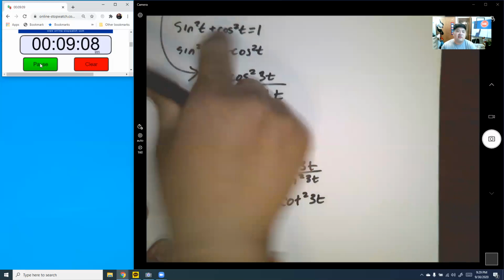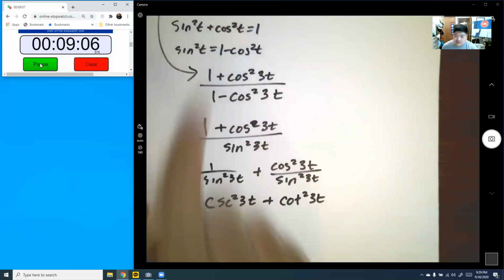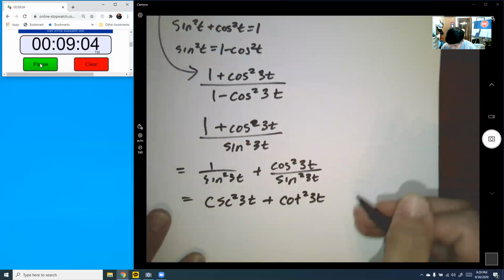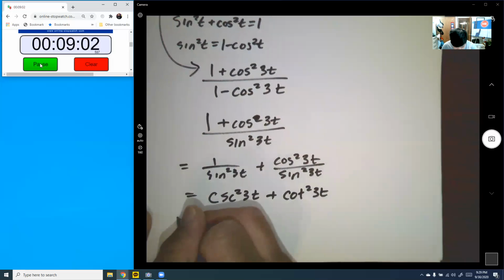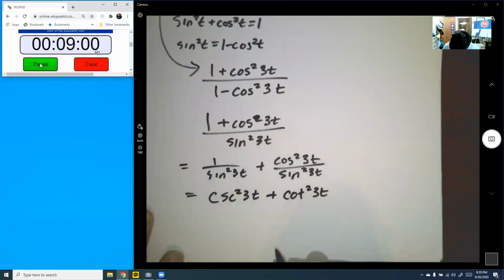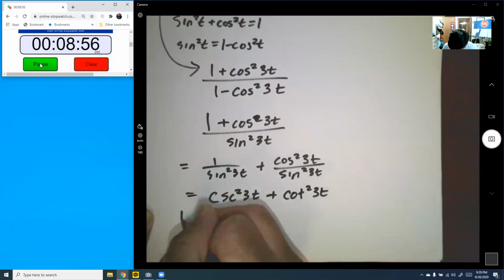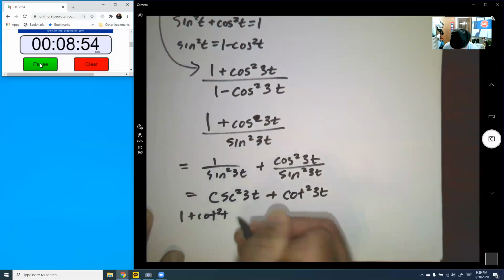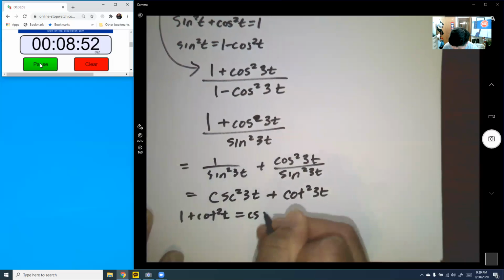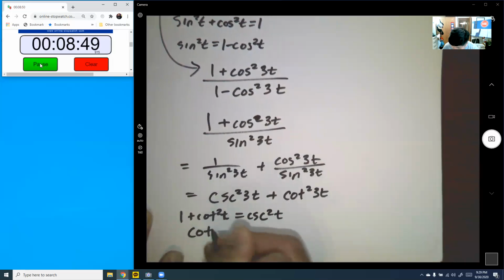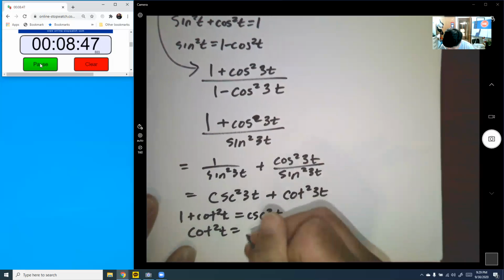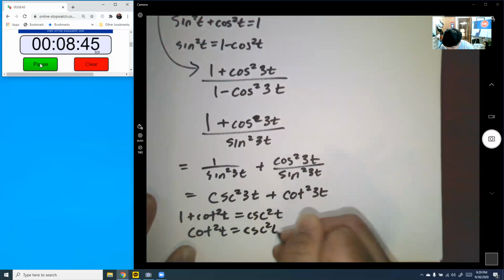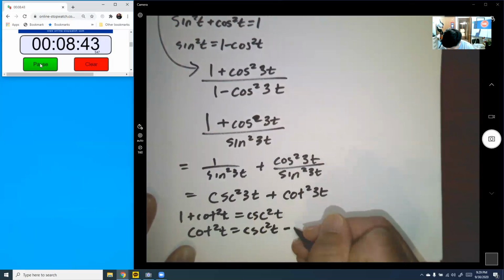And then instead of using that Pythagorean identity to verify this one, I am actually going to use the Pythagorean identity of 1 plus cotangent squared t is cosecant squared t, or cotangent squared t is cosecant squared t minus 1.